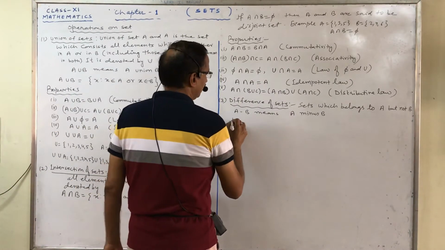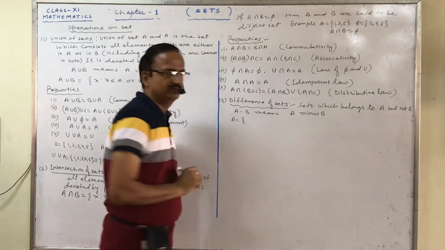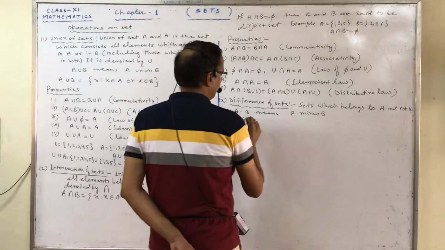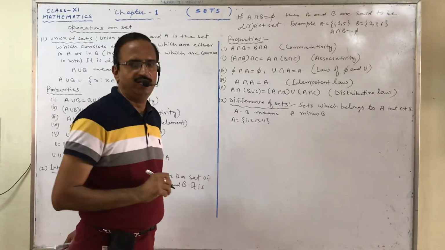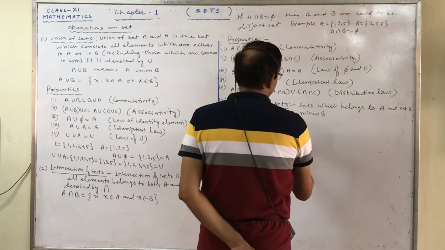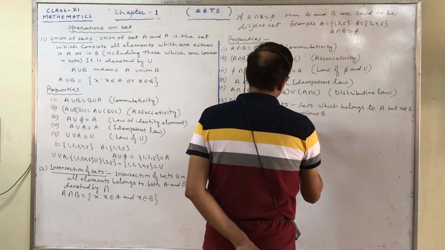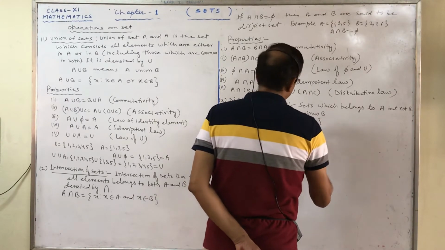Suppose A is a set containing 1, 2, 3, 4. These 4 elements. And B is the set which contains 2, 3, 4, 5.